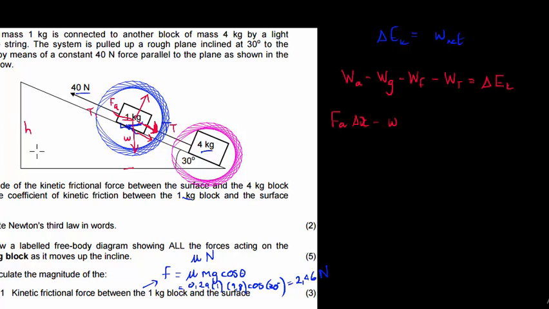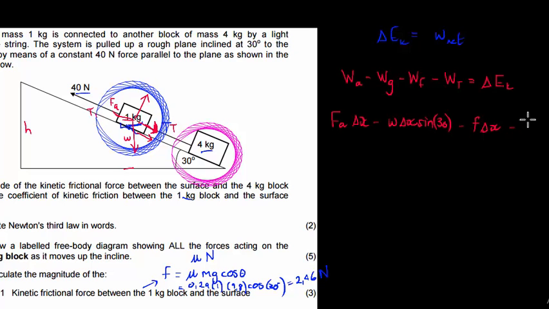And this height I will get by taking delta x sine of that angle, 30. The next is force of friction. In this case we did have friction, we calculated it in the previous question, times delta x. That's the work done by friction.